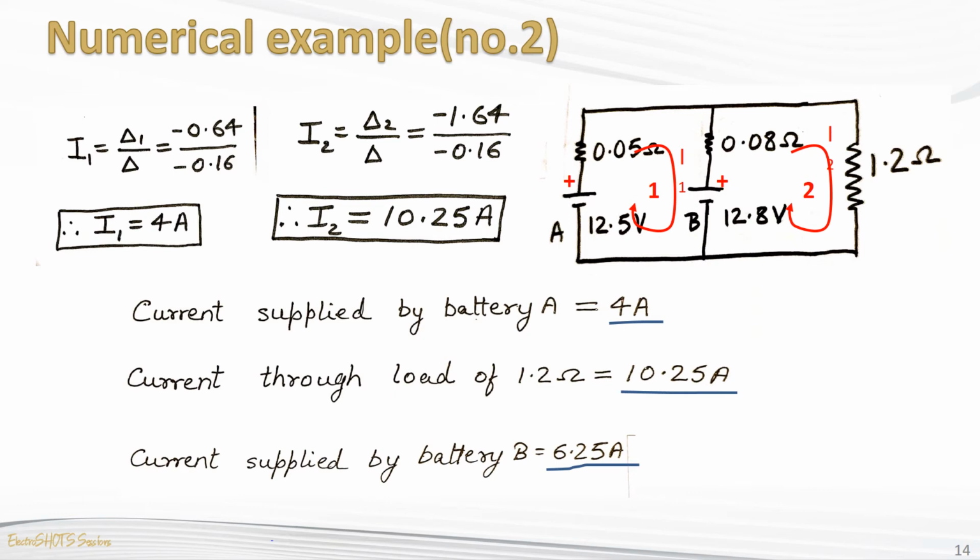The second value I2 is the current which is passing through the load resistor, that is 10.25 amperes, and when we subtract 4 from 10.25, naturally that is the remaining current which is being supplied by battery B, that is 6.25 amperes.